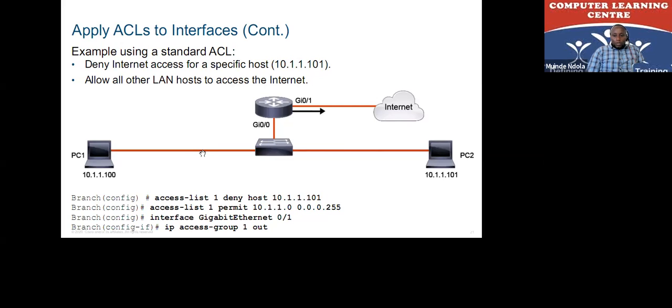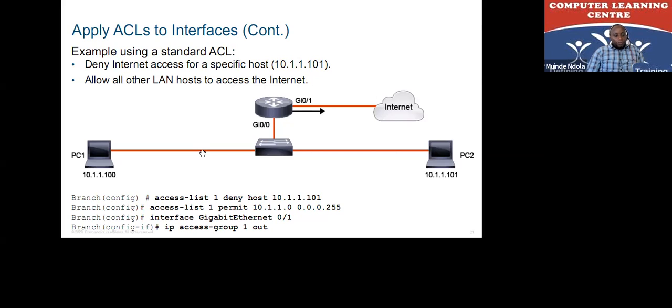Okay, someone asks whether you can use an IP range on the access list. Yes, you can use a range of IP addresses, and if you want to use more than one IP address, you use the wildcard mask.